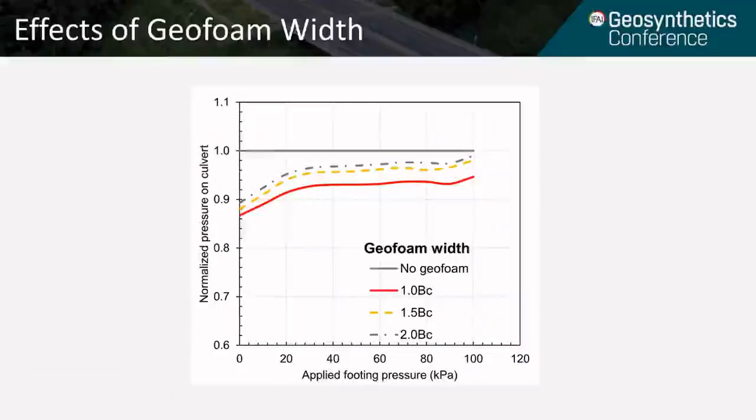This figure shows the normalized pressure on the culvert for different conditions of geofoam width. We reach the same conclusion: when we have a geofoam the same size as the culvert width, we get the most reduction on the culvert in terms of vertical pressure.